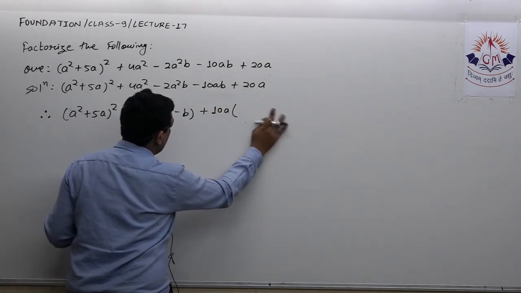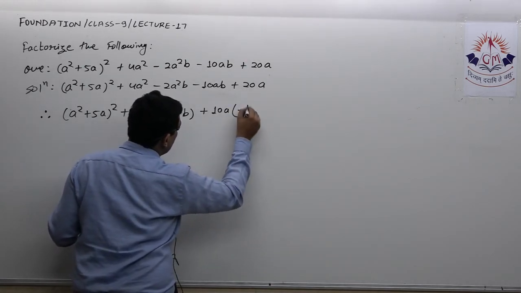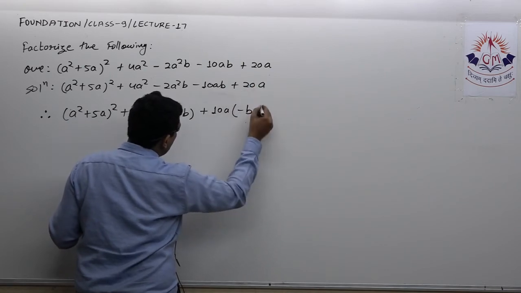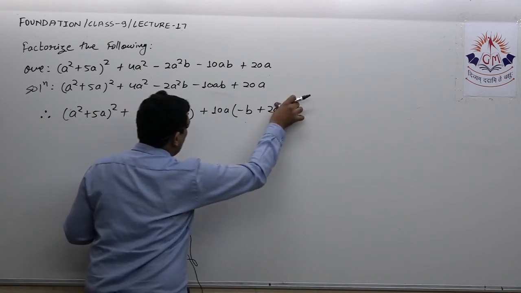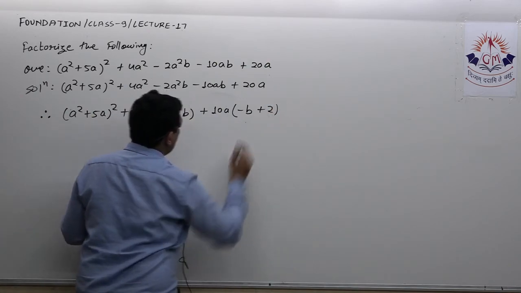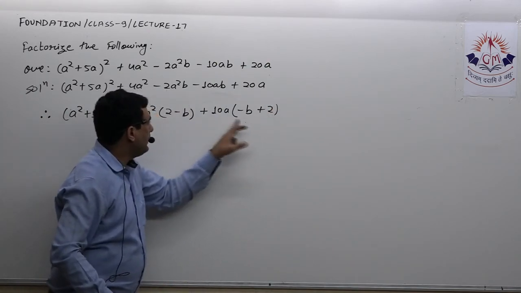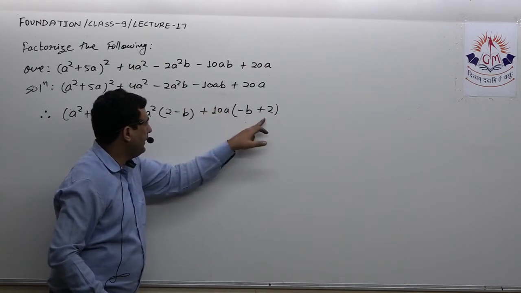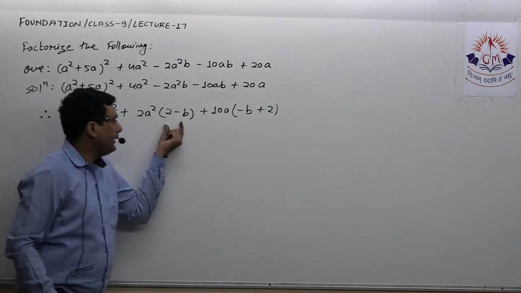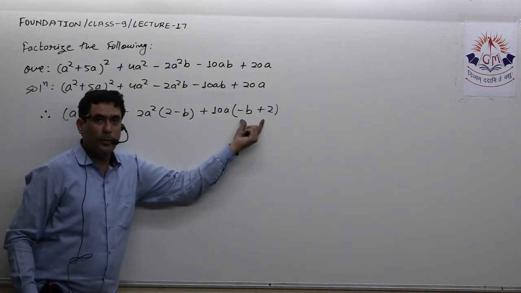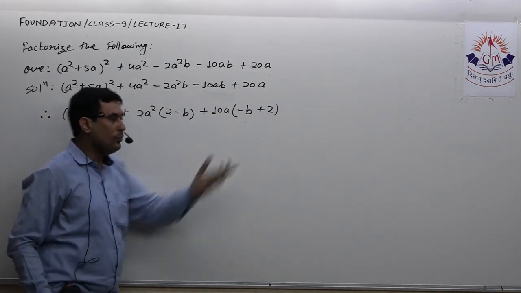So if I take 10a common, I will get minus b, and plus 2. Okay, 10a into minus b is minus 10ab, and 10a into 2 is 20a. So here it is 2 minus b, here again it is 2 minus b. Minus b plus 2 is actually 2 minus b.